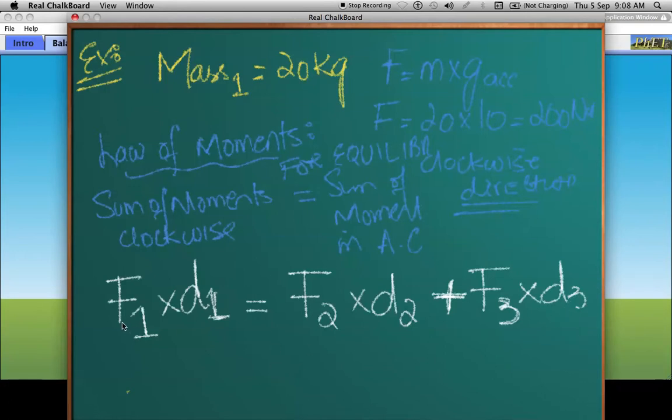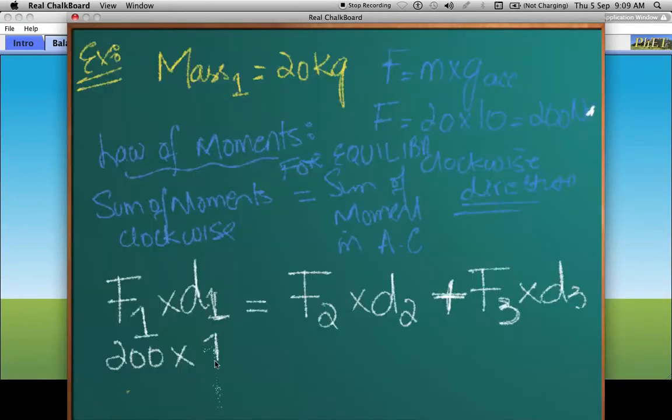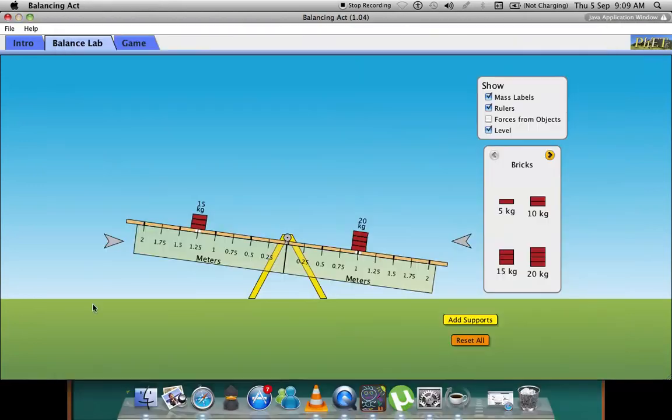So let's see. This force was 200 newtons times the distance 1. The distance of this from the pivot is 1. This is equal to this force times distance.